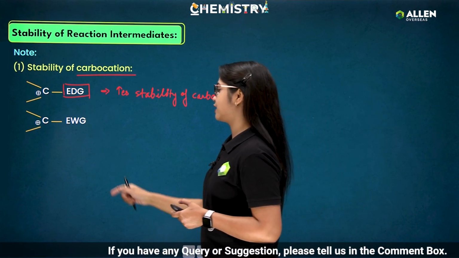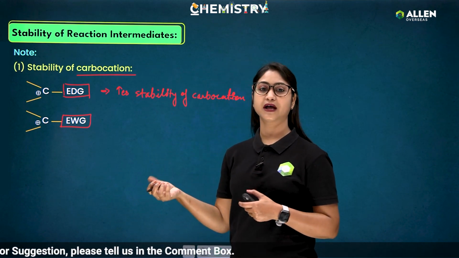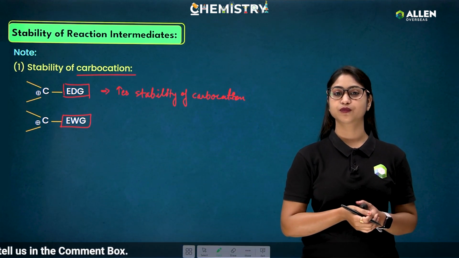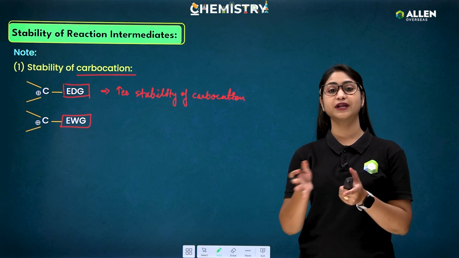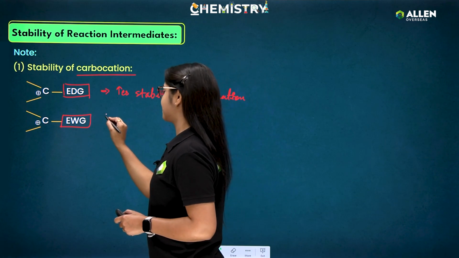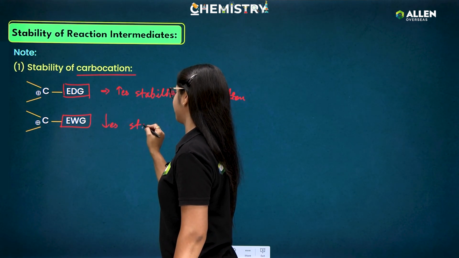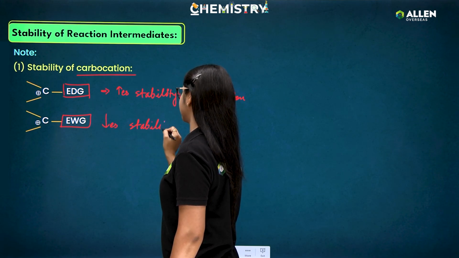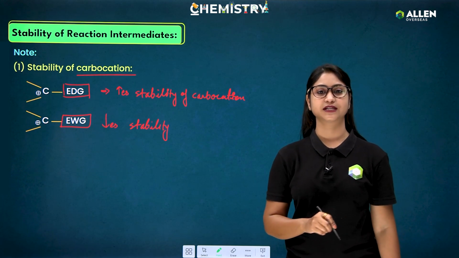On the other hand, electron withdrawing groups are withdrawing the electrons from the carbocation, making it more electron deficient, so they decrease the stability of carbocation.